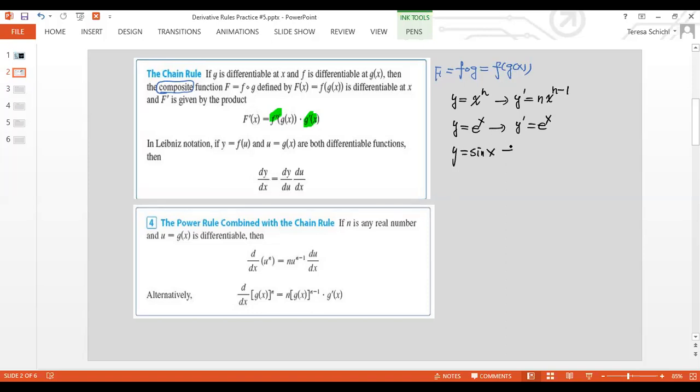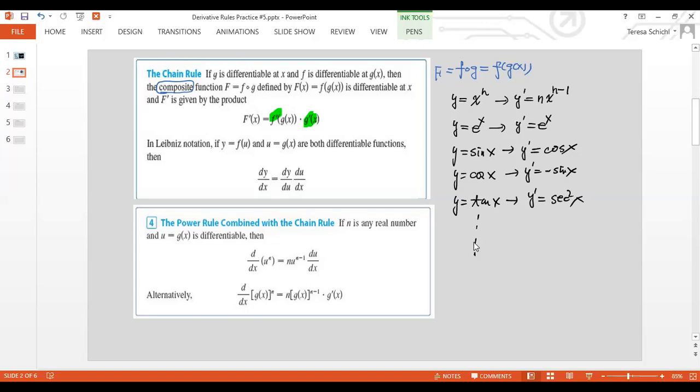So y equals sine x, then y prime is cosine x. And y equals cosine x, then y prime is negative sine x. And y equals tangent x, then y prime is secant squared x. Then you have the remaining 3.